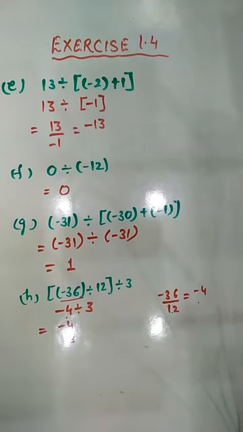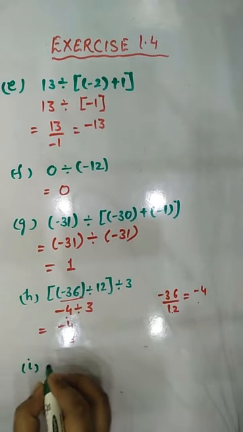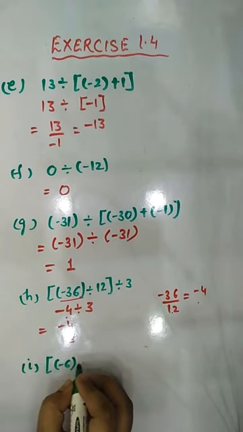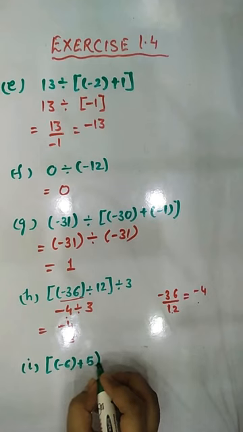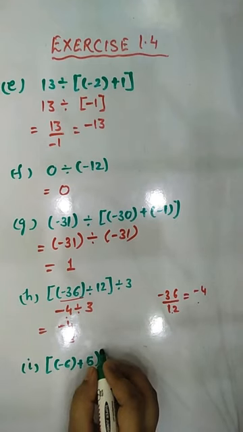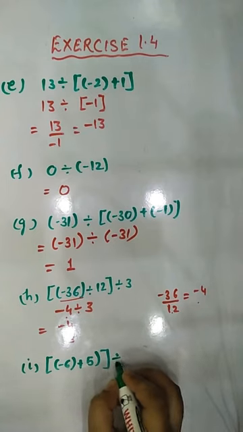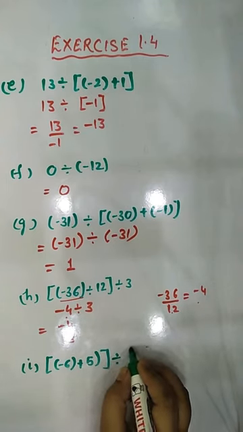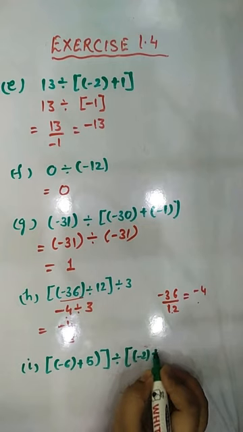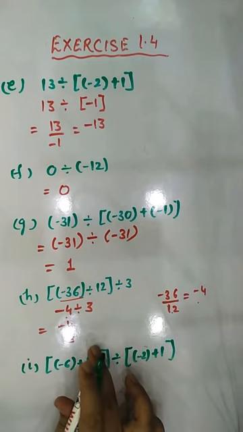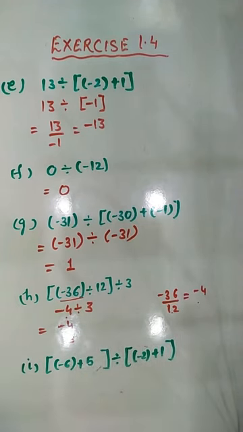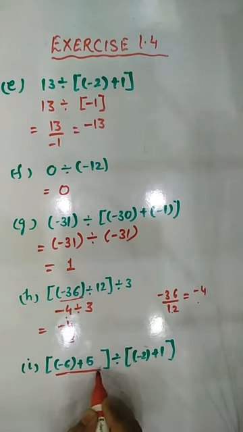Then I part, minus 6 plus 5 in brackets, then divided by minus 2 plus 1. Now if we solve the first bracket, minus 6 plus 5 will become minus 1.